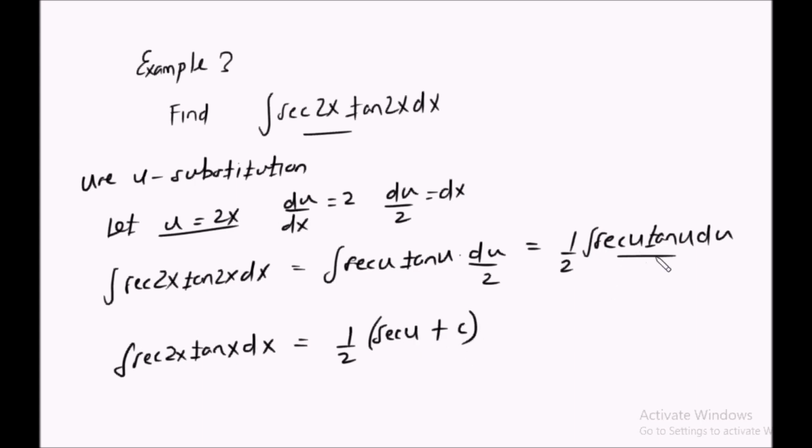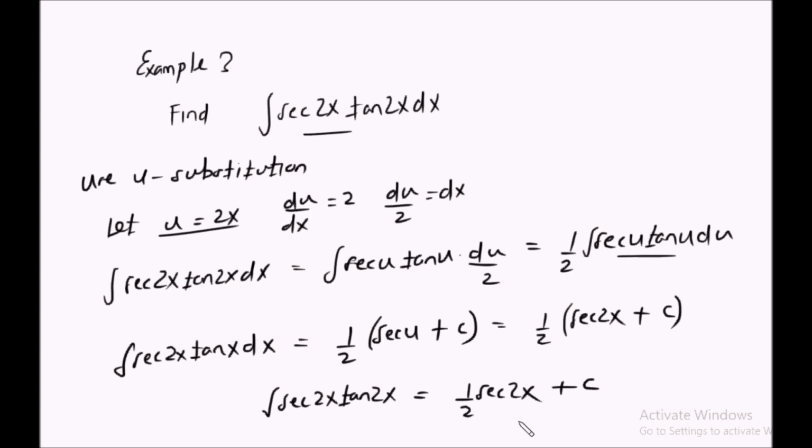Example 2 ndio ilikuwa kama hivi. So but our u now is 2x. Kwa hiyo kumbe itakuwa ni 1/2 sec of 2x plus c. So hatimaye jibu langu la mwisho ni sasa na 1/2 sec 2x plus c.